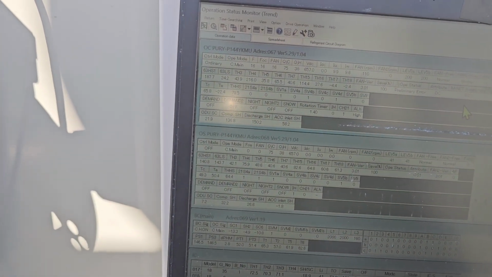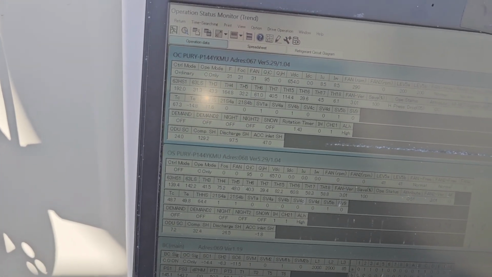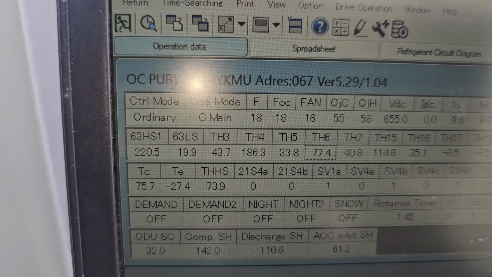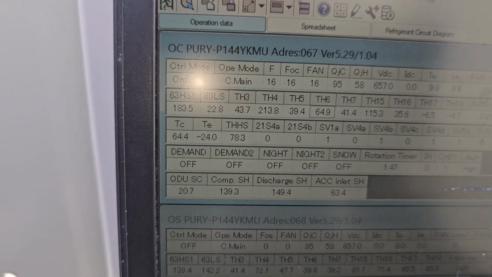So after letting it run for quite some time, still noticing that low TC and that low TE.